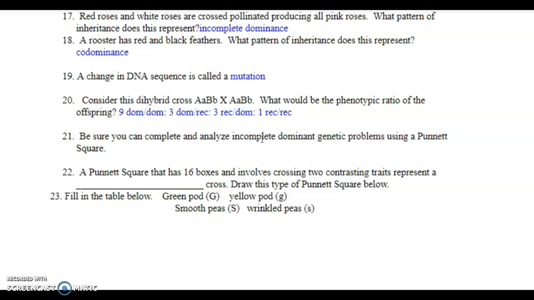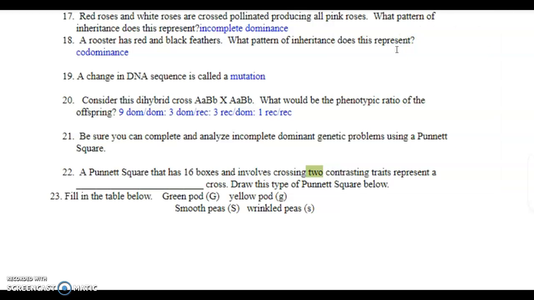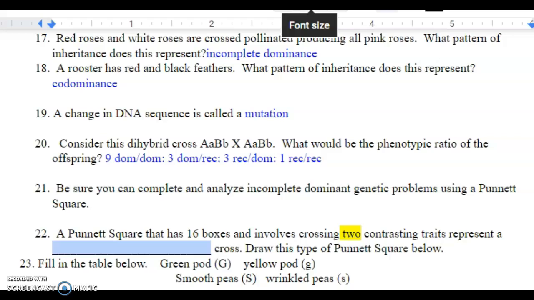22 says a Punnett square that has 16 boxes and involves crossing 2 contrasting traits. If we see one of those big ugly 16 square boxes, it is going to be comparing 2 traits. Di means 2. That would be a dihybrid cross. Our little simple box is a monohybrid.